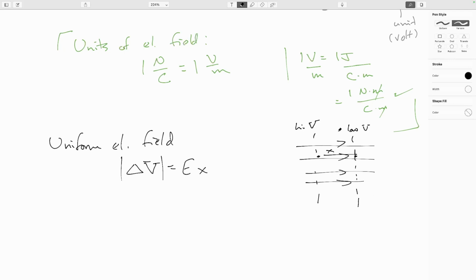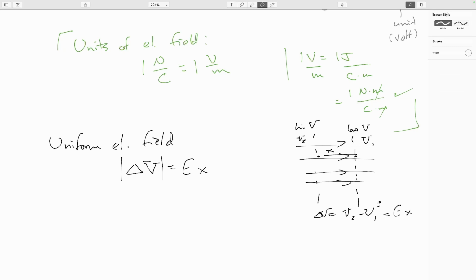And the difference between these two voltages, if we say this is V2 and this is V1 here, this would be my V2 minus V1. That's going to be equal to the electric field strength times that distance X.